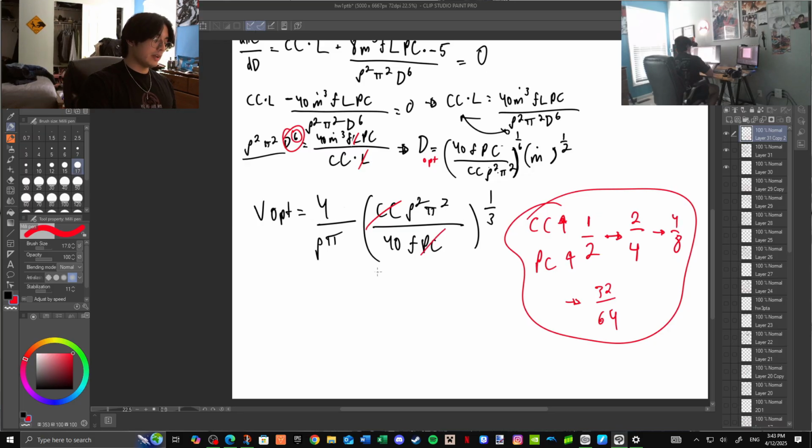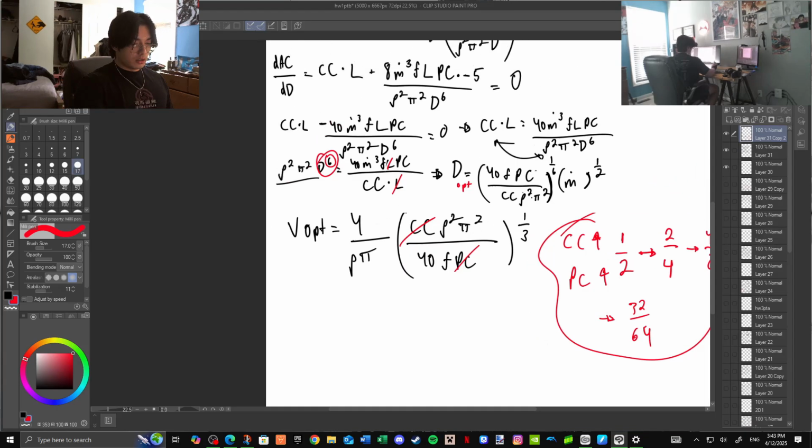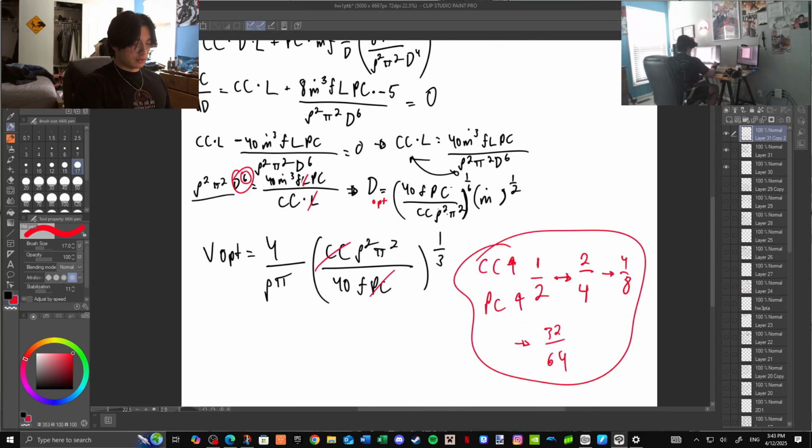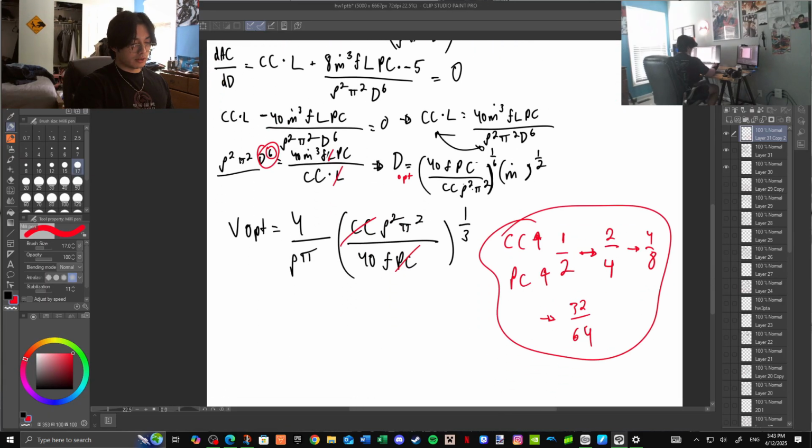and these factors are all constant, right? Because of that, the optimal flow velocity will stay consistent. Like they stay a consistent 2 meters per second over 100 years. So I'll even write it down.